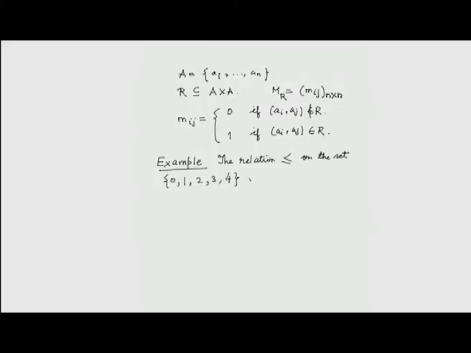So, in this case the set A is the set 0, 1, 2, 3, 4.